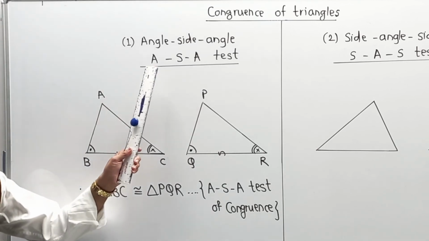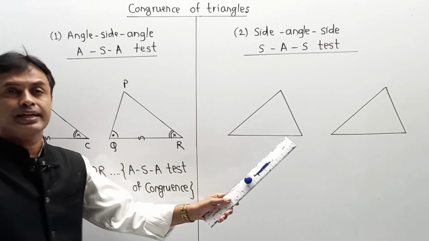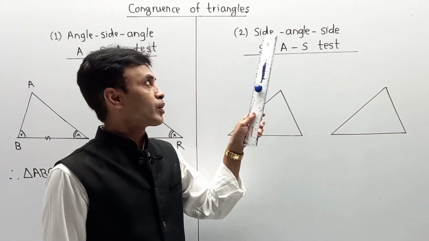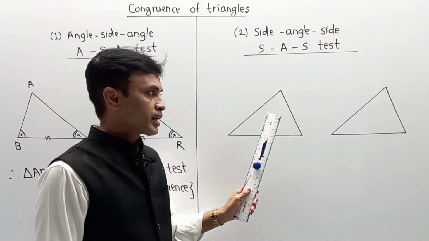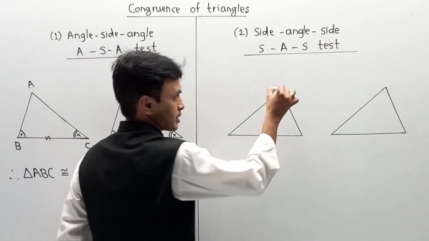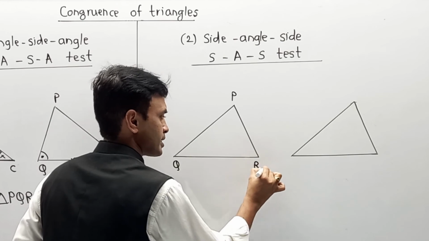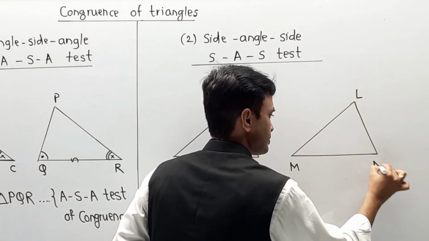Like the angle side angle test of congruency, there is another test. That test is called the side angle side test of congruency, logically called the SAS test of congruency. Again we are going to compare two triangles. Let us say the first triangle is PQR and the second triangle is LMN.